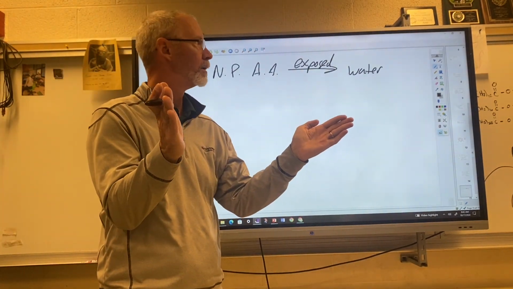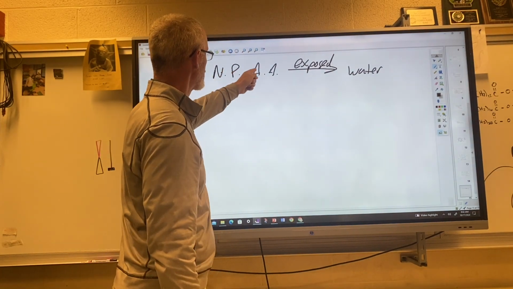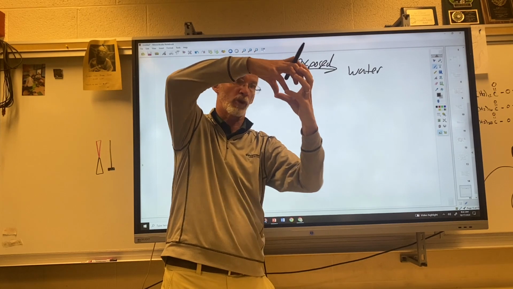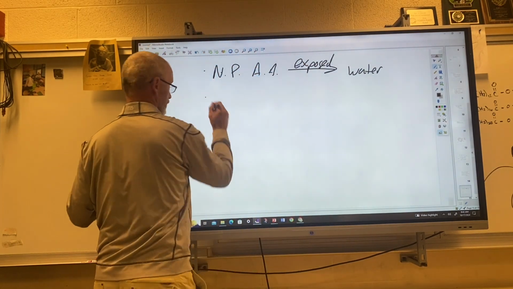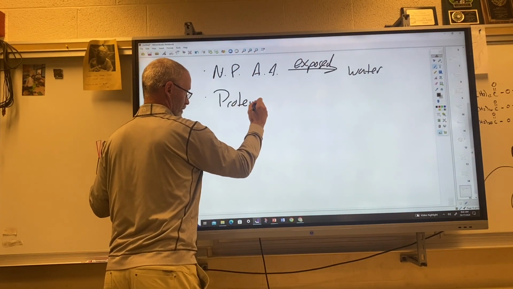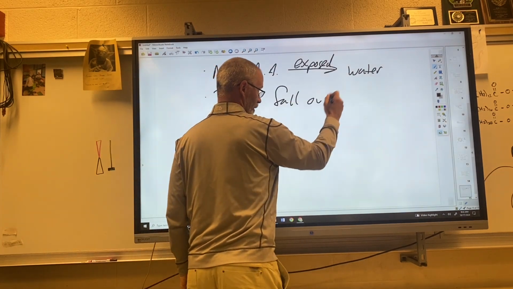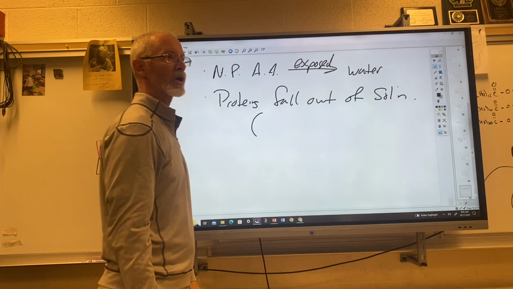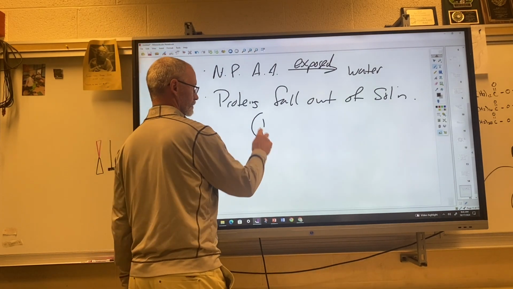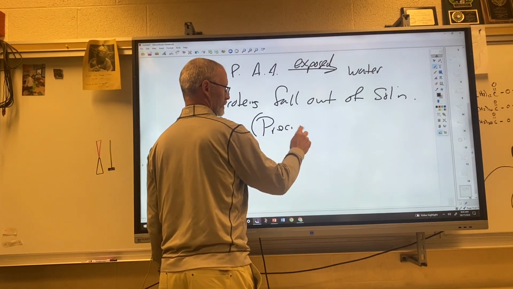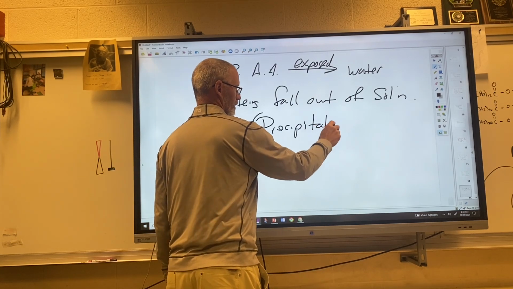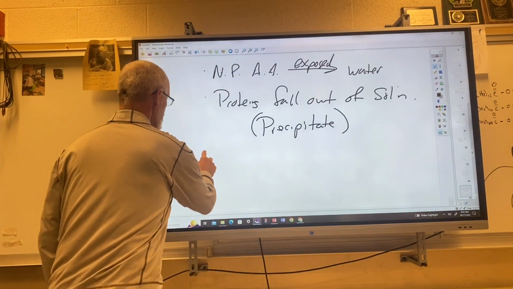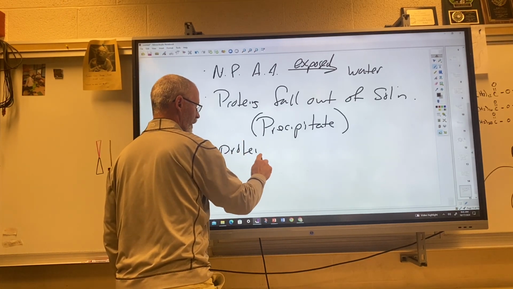So when the non-polar portions of that protein are exposed to the water, because you used acid to crack this egg open, those proteins fall out of solution. Anybody know what that's called in chemistry? Precipitation, or creating a precipitate. Then the proteins clump.